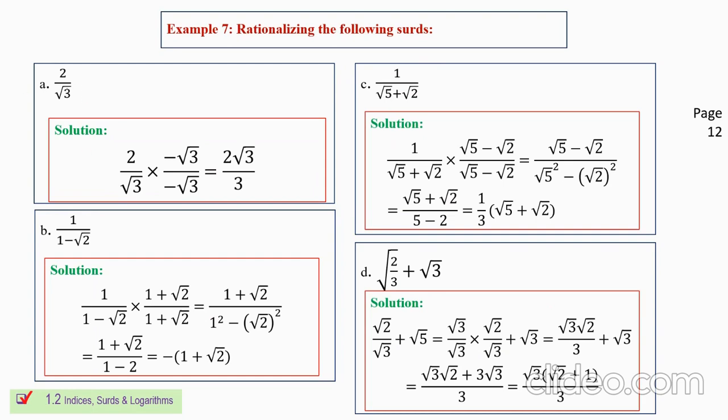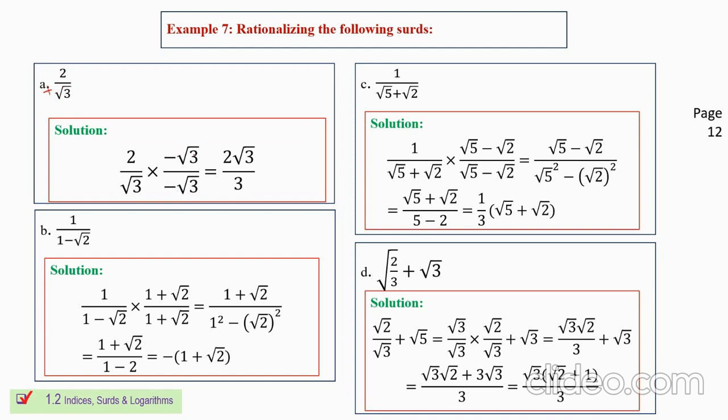This is the question of rationalizing the following surd. Your aim is to rationalize the surd at the denominator. We don't want any surd symbol at the denominator. For example, you only have one surd at the denominator. If you remember, the conjugate of our surd is, if this is positive, you multiply with negative, and you must multiply a pair.